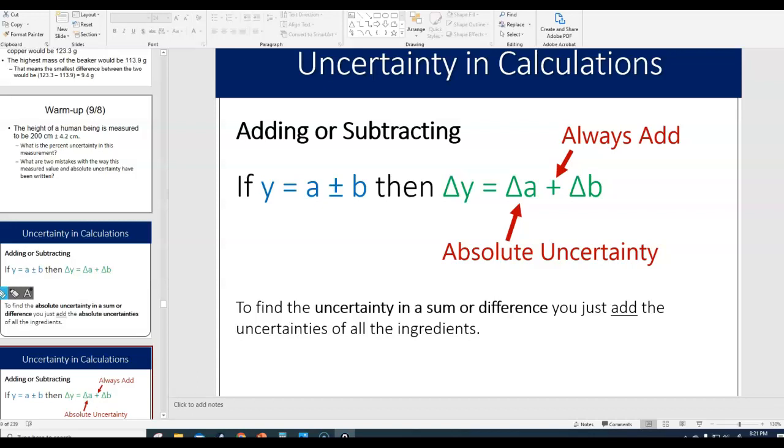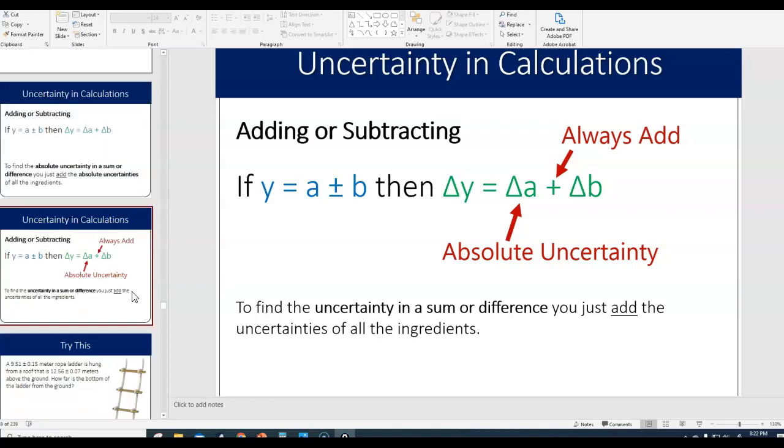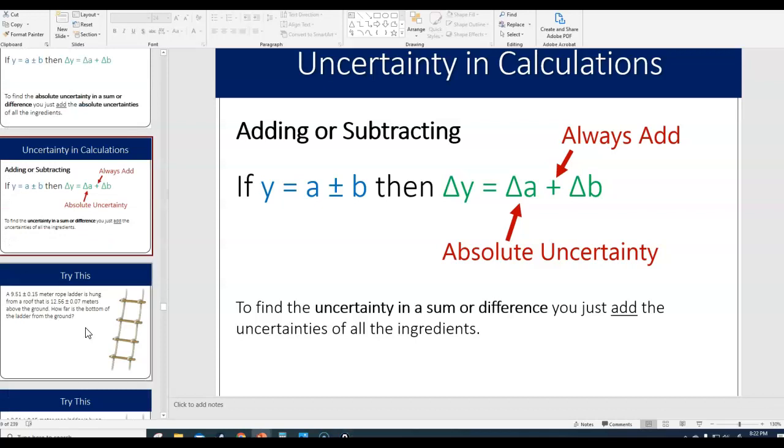So in the example we did with the beaker and the copper, A would have been the mass of the beaker plus the copper, and B would have been the mass of just the beaker by itself. And delta A and delta B would have both been 0.1 grams, just the absolute uncertainties in those values. So let's take a look at an example of this.